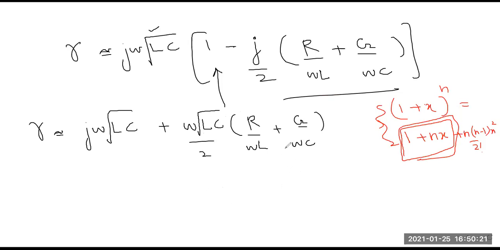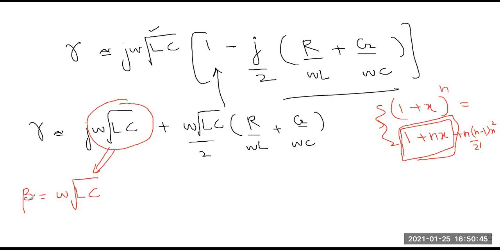Now you can clearly see that we have been able to separate the real and imaginary parts. So this is j something. This is actually beta, the imaginary part of the propagation constant. If you remember, this is the same value as you get for the lossless line.